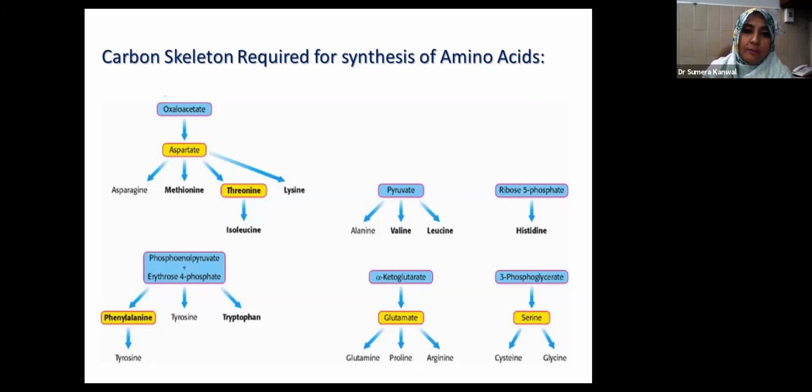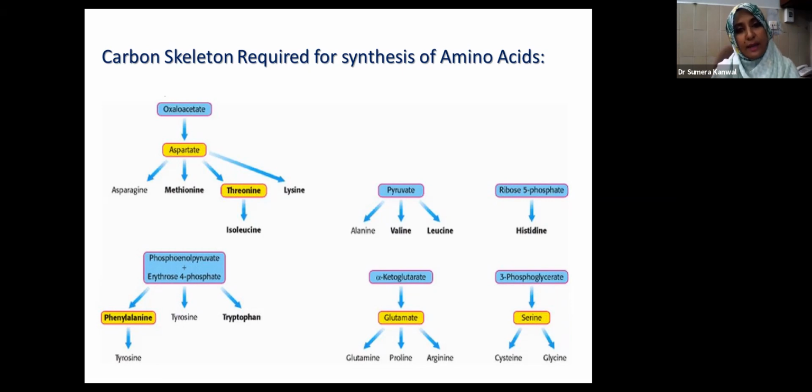Pyruvate, which is coming from the glycolysis of glucose, can synthesize alanine, valine, and leucine, either through transamination or through amination.